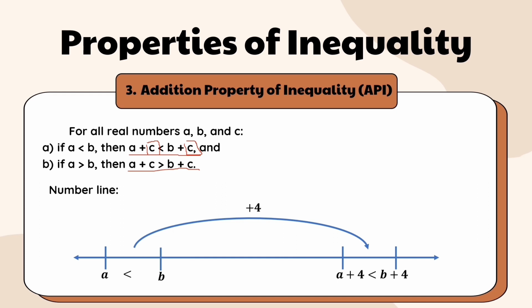It means that if we add a number to both sides of the inequality, it is still true, though it will not produce the same number, but the statement will still be true. Note that this is true whether we add a positive or negative number to both sides of the inequality.